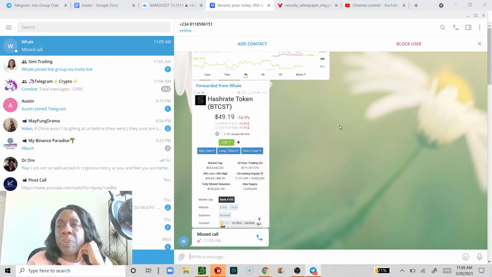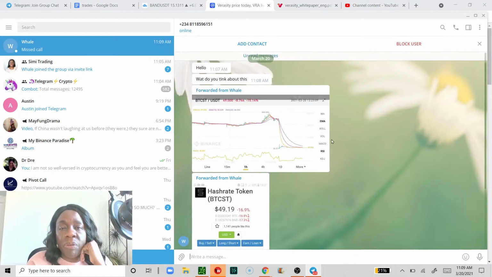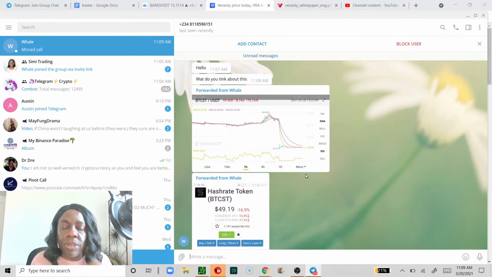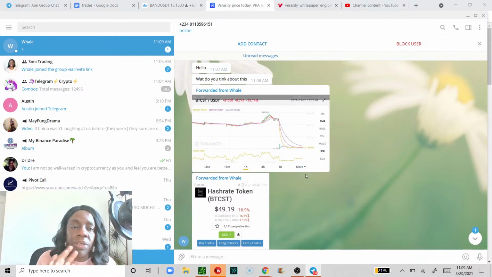Whale. I have never received a call on Telegram. So that's the sound of someone calling you on Telegram. But I wouldn't have picked it up. I don't pick up when I don't know what's going on. Guys, don't do that. Don't click on links. Anything that you're not sure what it is, just pass it by.